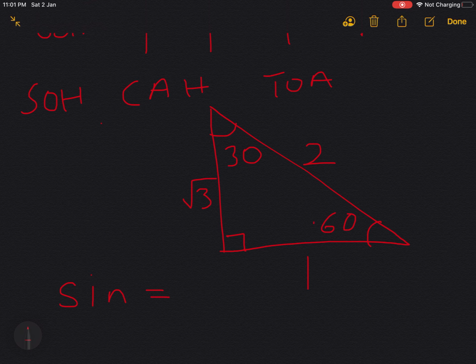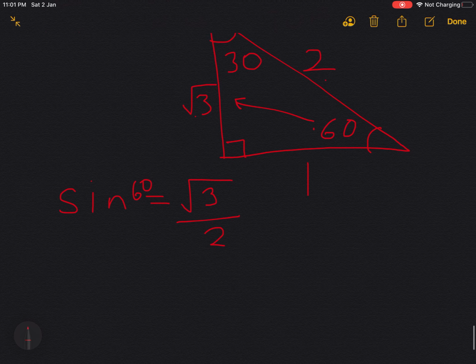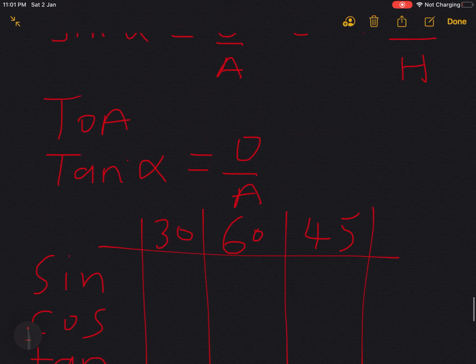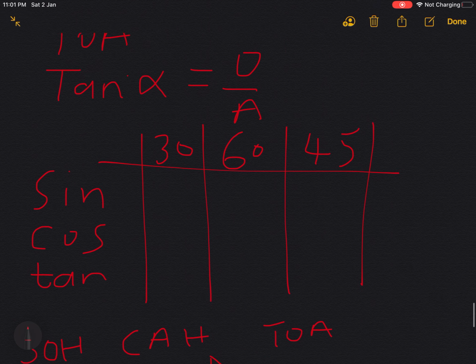Opposite to 60 is root 3, over the hypotenuse, which is 2. So sine 60 has the value root 3 over 2.